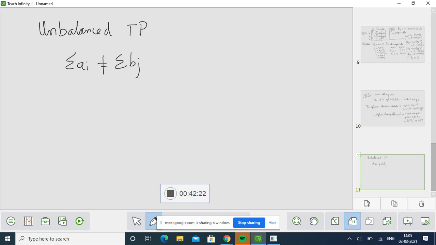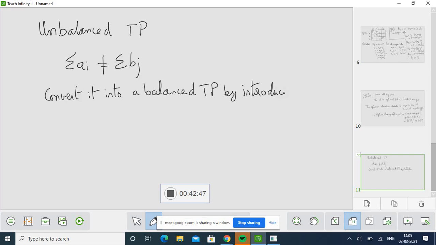Then how do we solve this? Convert it into a balanced transportation problem by introducing a dummy source or a dummy destination.